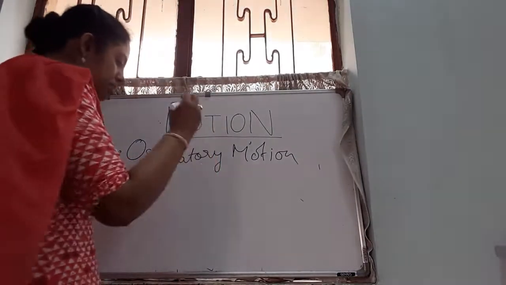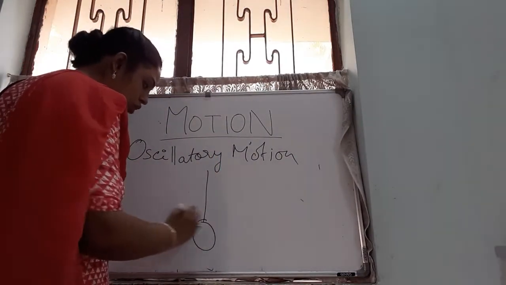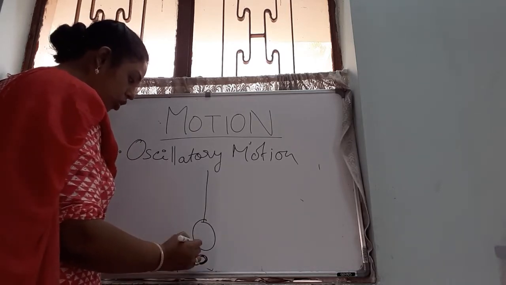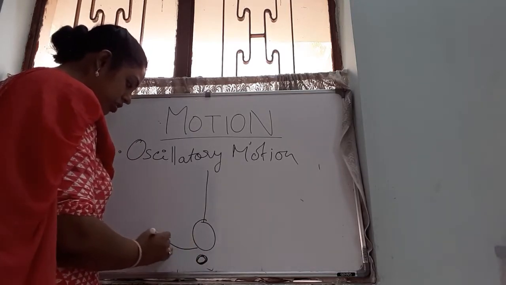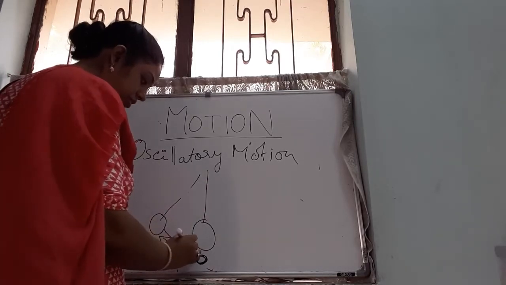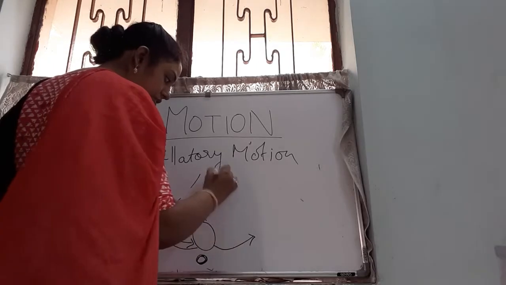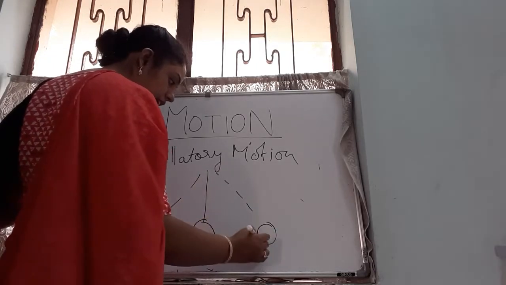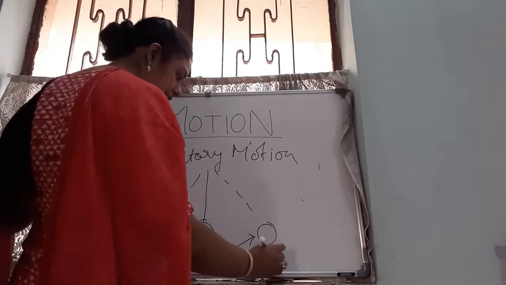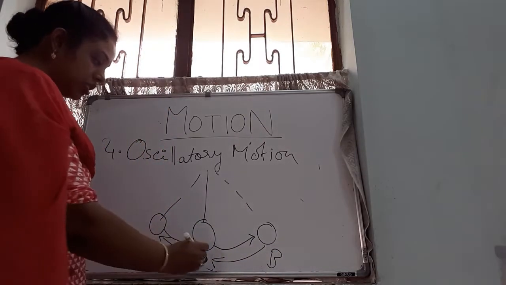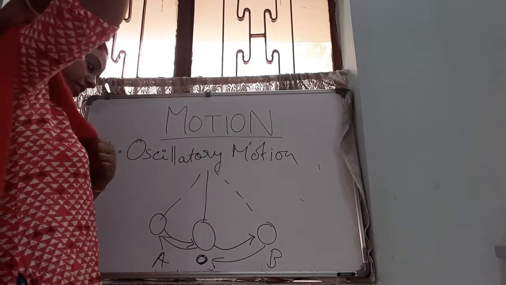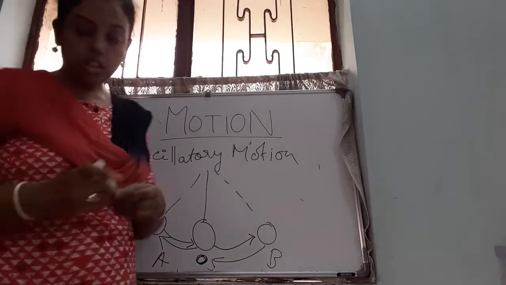Suppose a pendulum of a clock, this is O, moving from here to here, and again moving here to here. So O to A and again O to A to O, O to B, B to O. That is oscillatory motion.